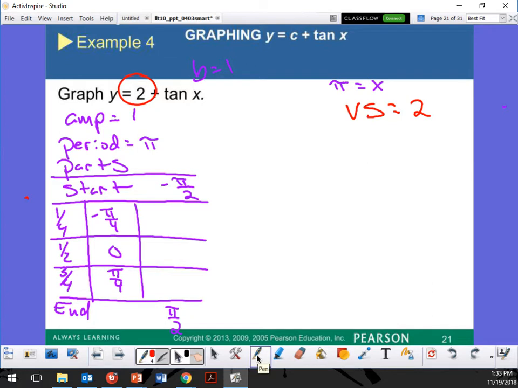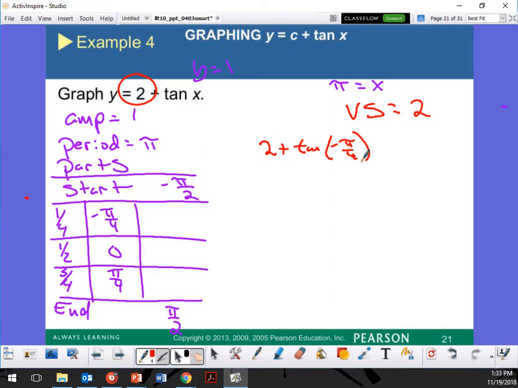So I'm going to go through and find my values now. We're plugging it in there, right? So it's going to be 2 plus tangent of x, which is negative pi over 4. And if you have your unit circle out, it is so helpful.